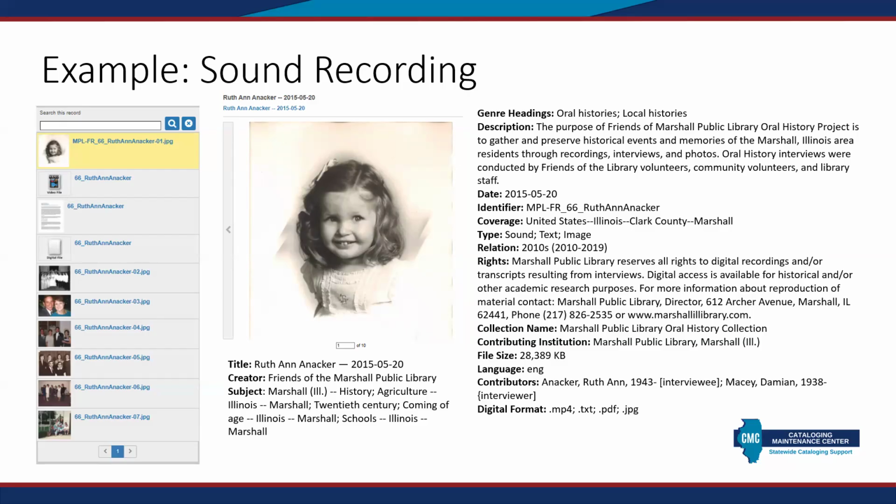The fields used in this record are title, creator, subject, genre headings, description, date, identifier, coverage, type, relation, which is somewhat confusing in this case, as in some collections, the word relation is used to represent temporal coverage. Rights, collection name, contributing institution, file size, language, contributors, and digital format.